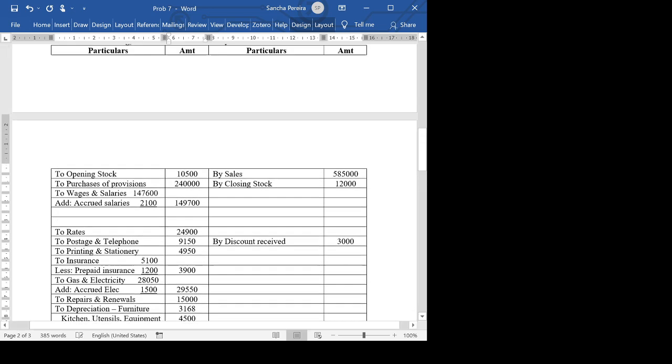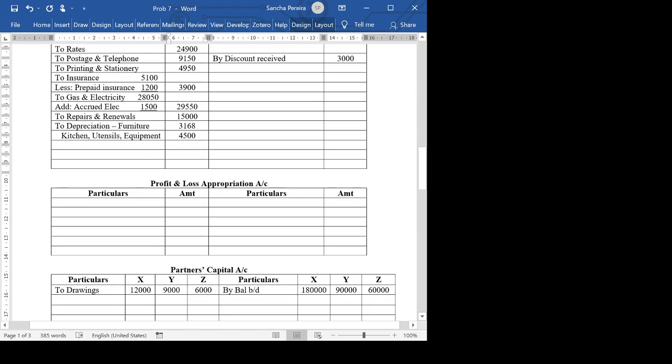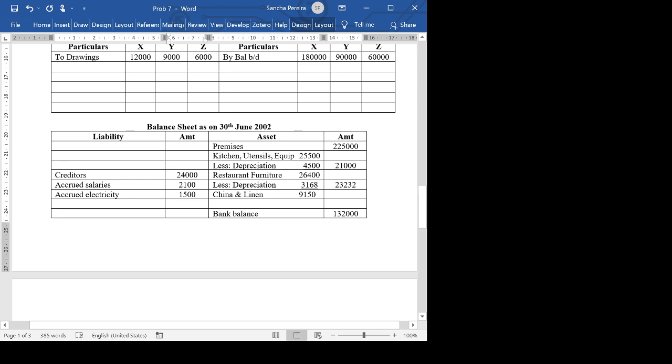Then there is china and linen, which were revalued at rupees 7,500. So that's the new value, 7,500. The old value is 9,150.